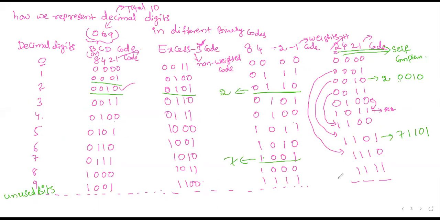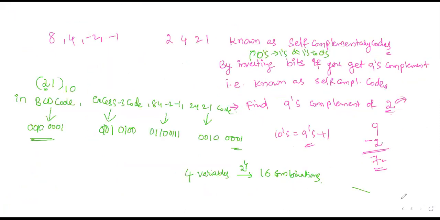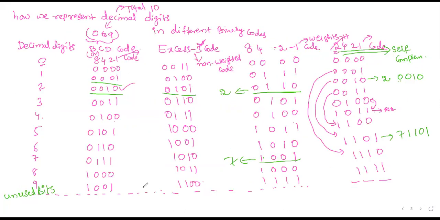But here you are having only 10 combinations, 0000 to 1001. So the remaining 6 combinations, what are they? 1010, 1011, 1100, 1101, 1110, 1111. These are the 6 unused bit combinations in BCD code.